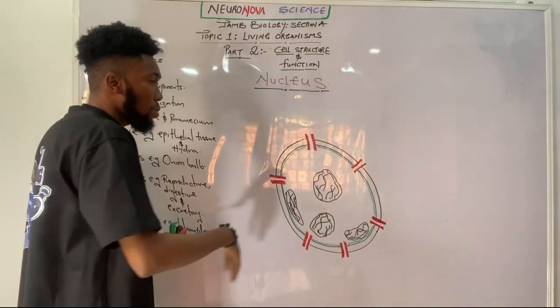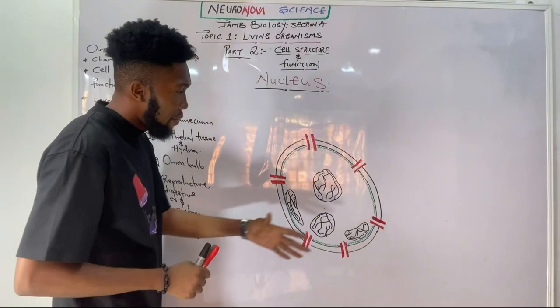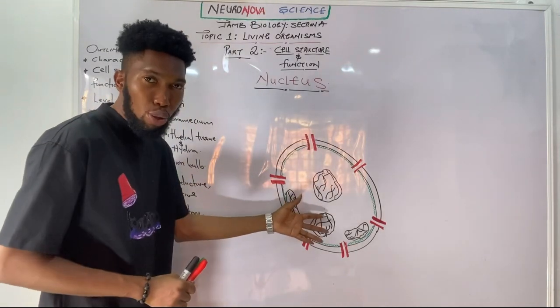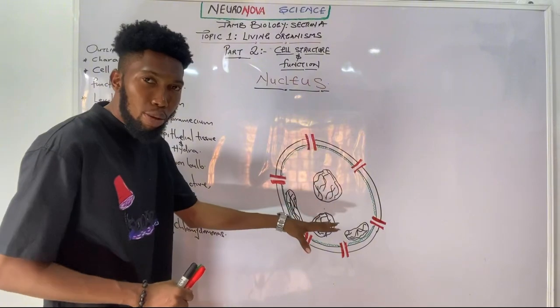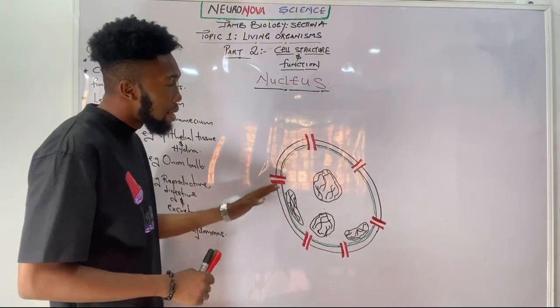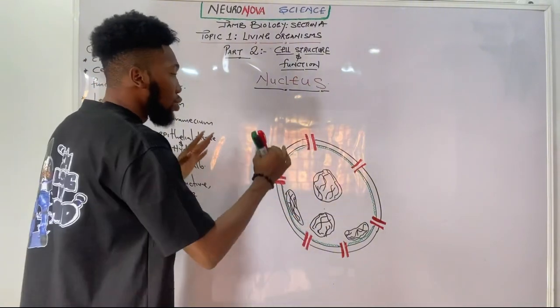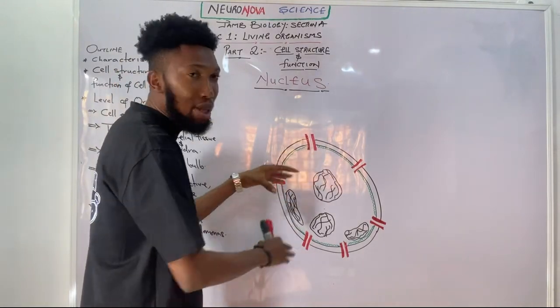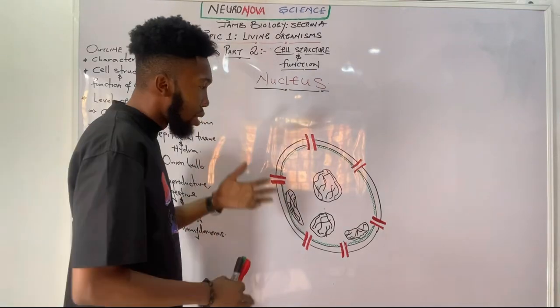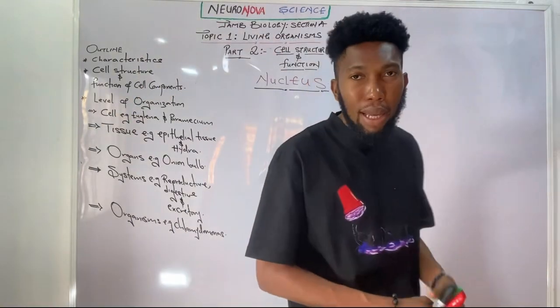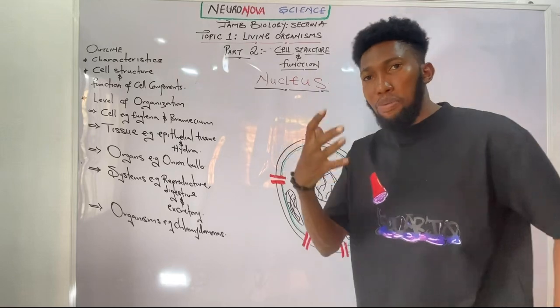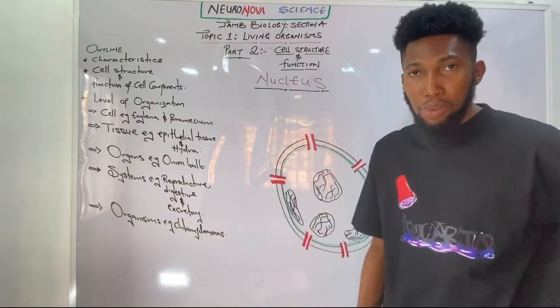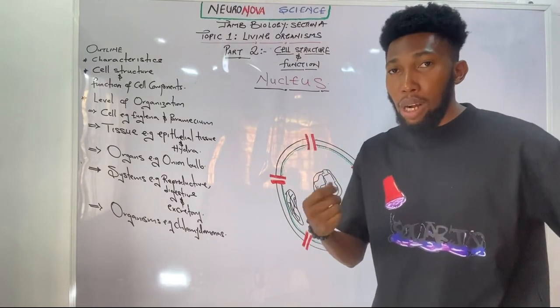Okay, good. Now, you have the structure on the board, and the structure on the board is not the cell. This is a nucleus. I've isolated the nucleus so that we can really see all the components of the nucleus. This is the reason why so many questions that are presented to you are being misinterpreted, and then you tend to pick wrong answers.